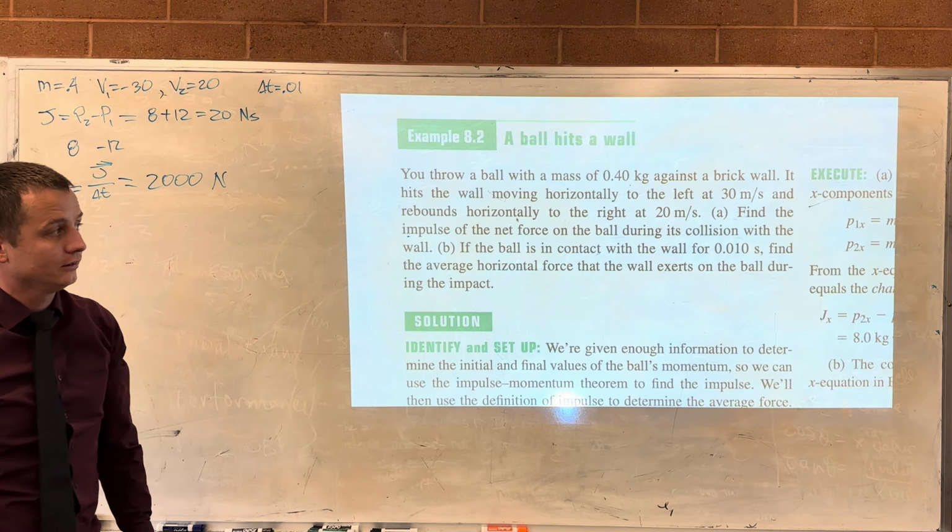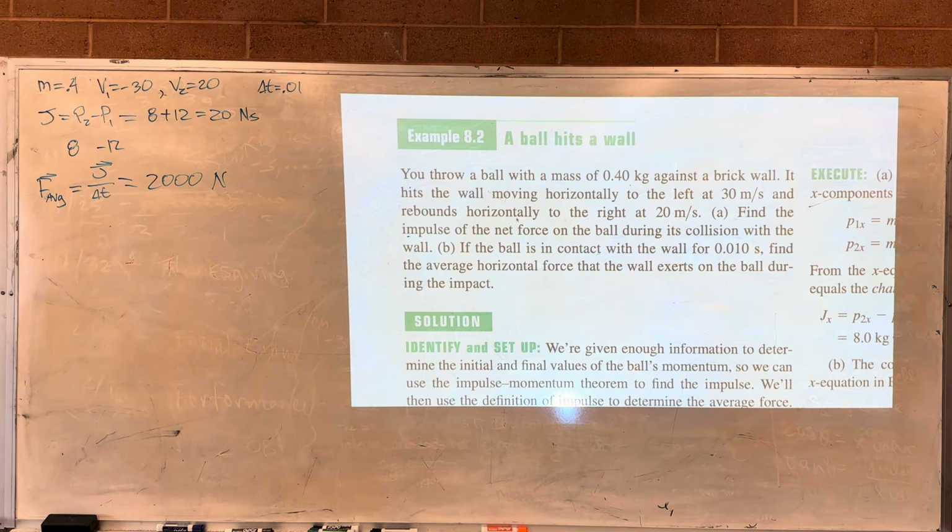So where did that energy go? Just into the wall, and heating up the wall and whatever else happened there. Is that a normal amount of energy to have lost? I have no idea.